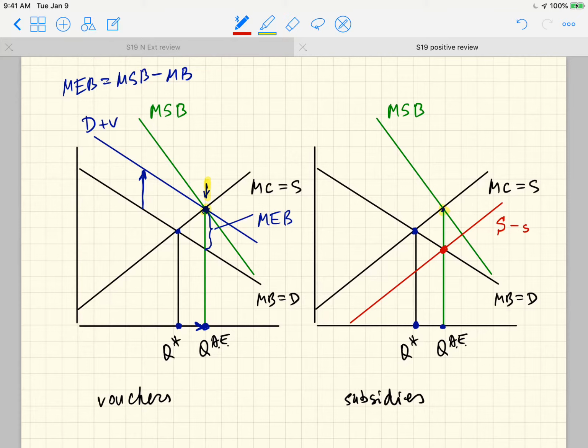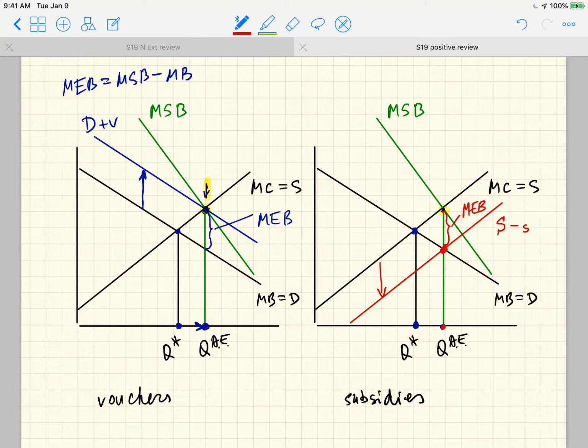Okay, so how much money should we give to producers? Well, again, we can notice that the magnitude of the shift that we're making here is exactly the same as this distance, which happens to be marginal external benefit, again at the point of allocative efficiency.